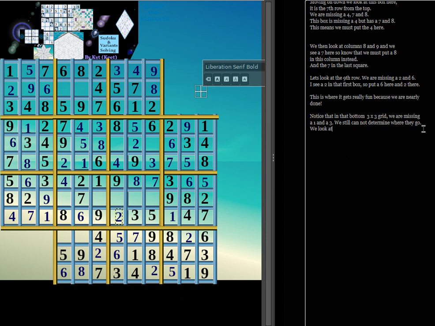We look at the other missing numbers in the 3 by 3 grid above it, and find we are missing a 3 and 5. This will tell us where the 1 and 3 go in the bottom grid.